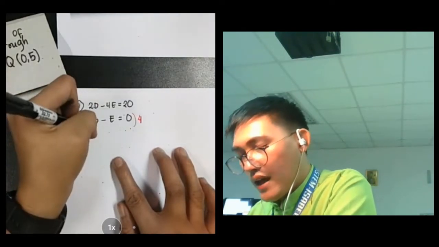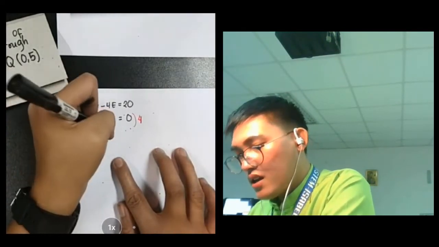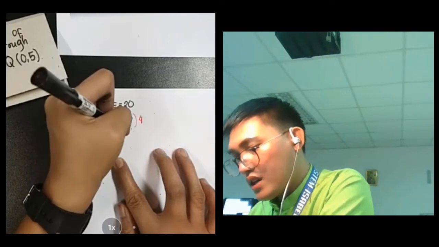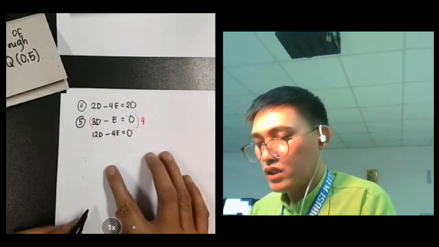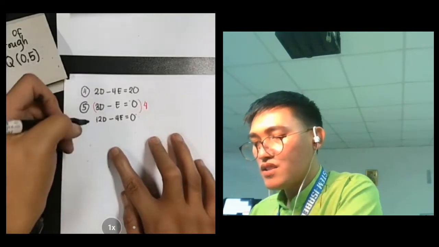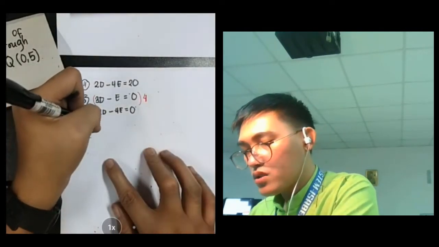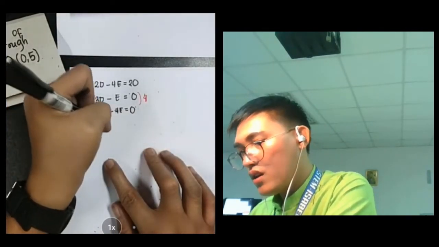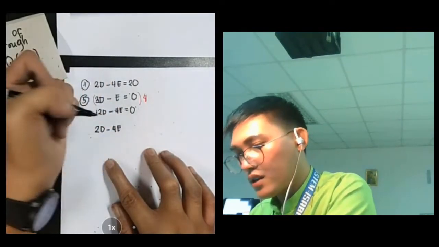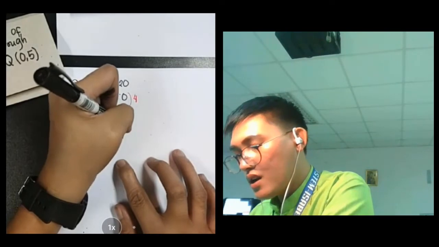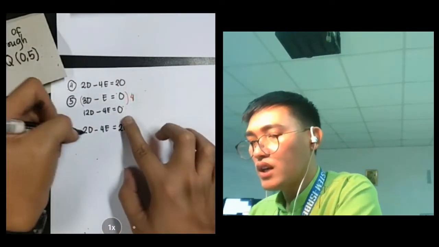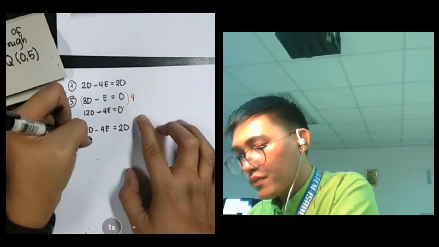Let's rewrite again. 2d minus 4e is equal to 20. Then for this new equation, we have 12d minus 4e equals 0. We will be subtracting them to remove letter e.